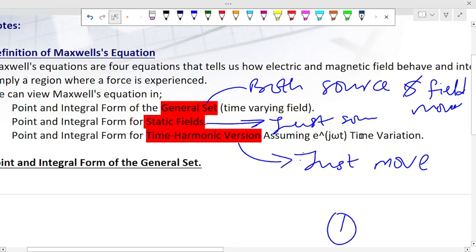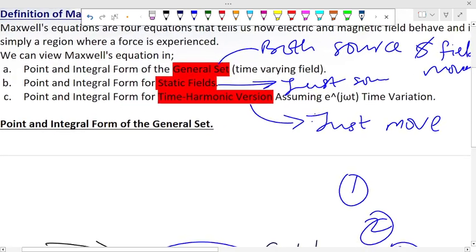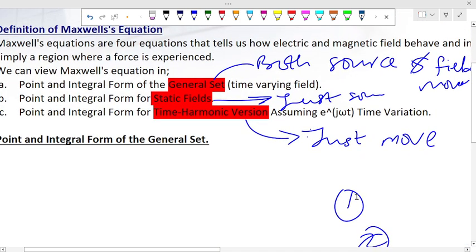This idea of just the source, just the movement is an informal explanation, just an informal explanation so that you get the main gist, the main concept of this thing, okay? So that means we'll have these four equations written. This first set will have four equations.